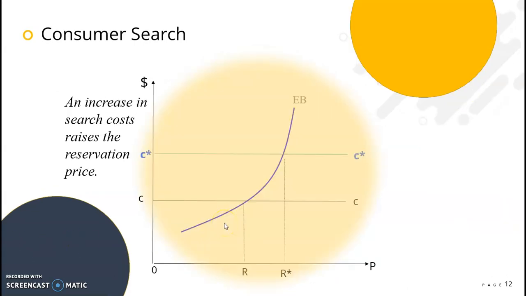In some cases, the consumer will choose to search more to get more information and try to alter their taste based on the search that they have made. So they have to increase the cost of searching or investigation, and once the cost of searching is increased, the reservation price will also be increased.